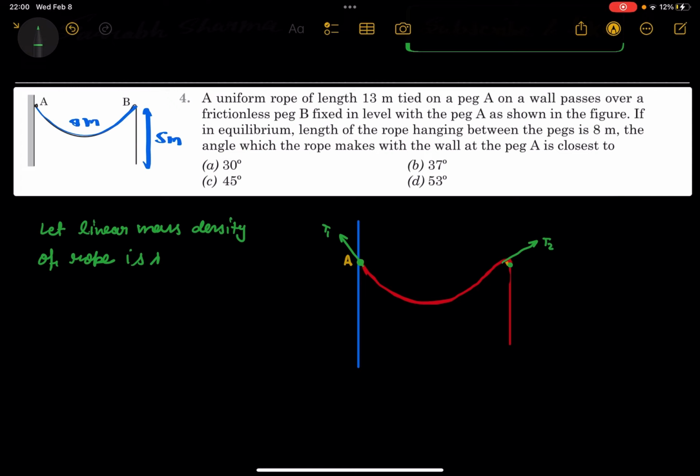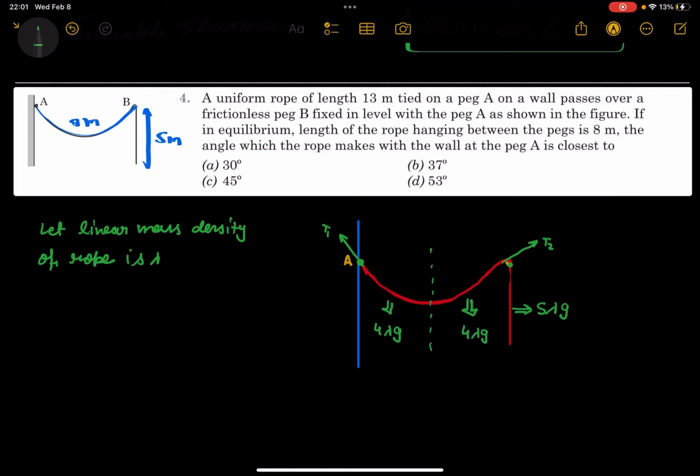Then this length is 5 meter, so the weight of this rope is 5 lambda g. And if you cut half of this, this part has weight 4 lambda g, and this other part is also 4 lambda g.